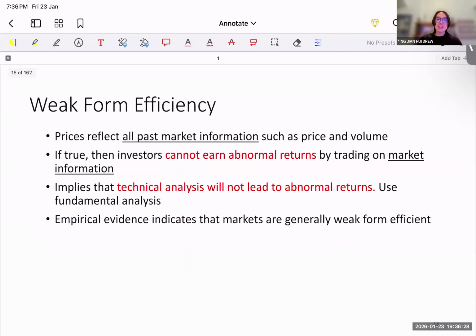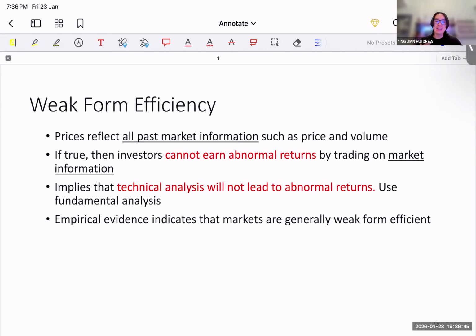Now, the last form is the weak form, where the market only reflects the past market information like stock price and volume that's available in the market, right? So market information.